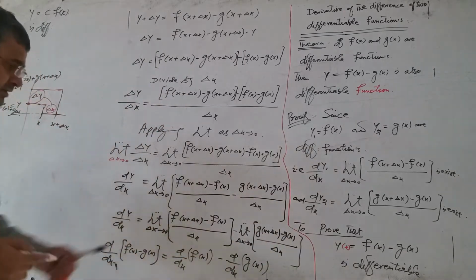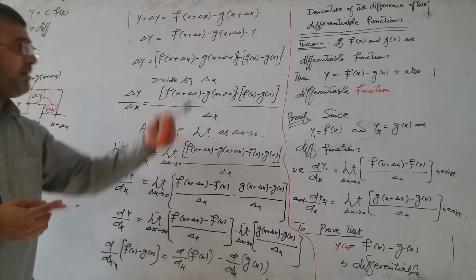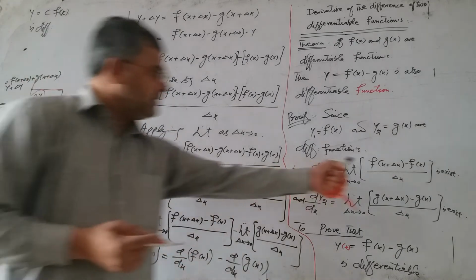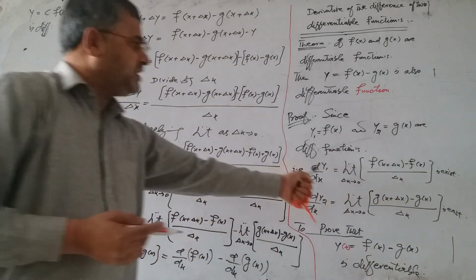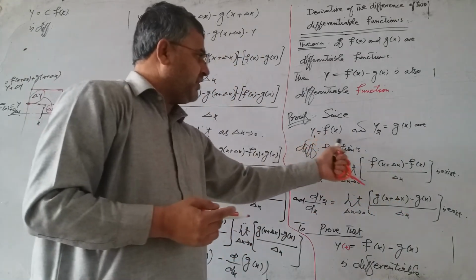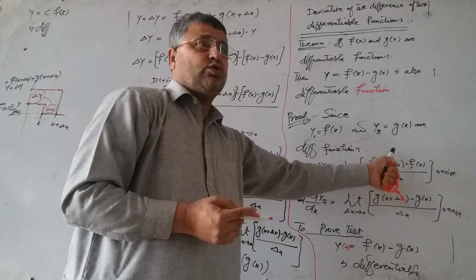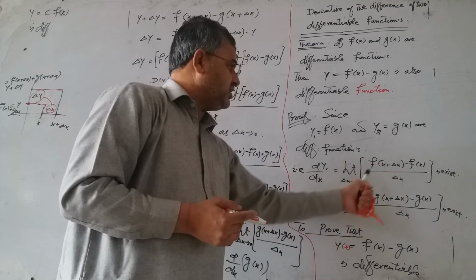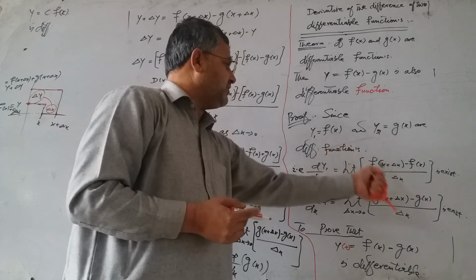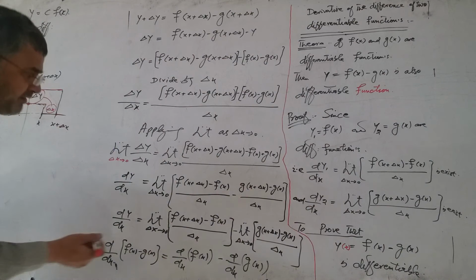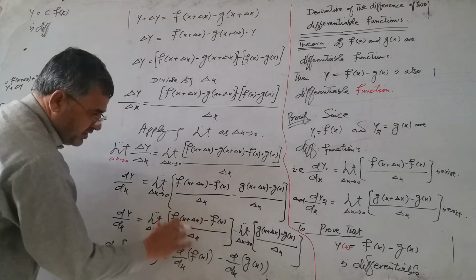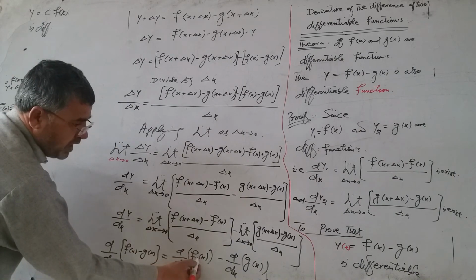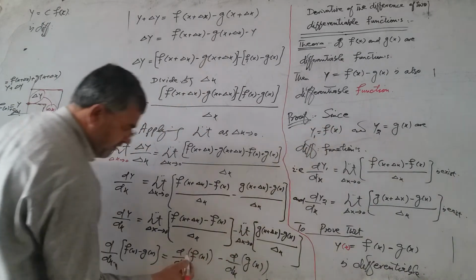And as in the hypothesis, it is given that the function f of x is differentiable. Therefore, when we arrange the function f of x in the quotient form and apply the limit when del x tends to 0, the limiting value of the given function exists and is called the derivative of the function f of x. According to this theorem, this is called the derivative of y1, which in this case is equal to f of x.